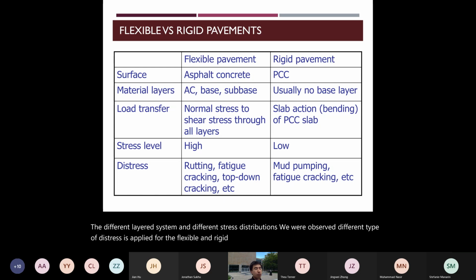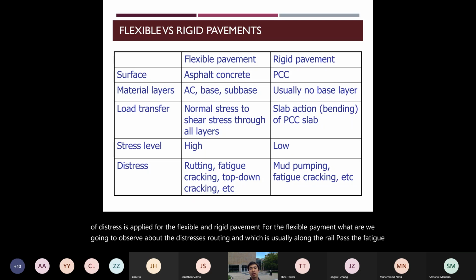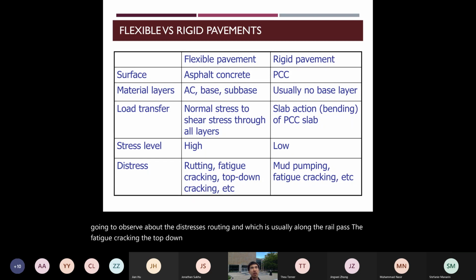For the flexible pavement, the distresses we observe are rutting, which is usually along the wheel path, fatigue cracking, and top-down cracking. In the first tutorial session this week, we'll have some introduction to the different types of distresses for flexible and rigid pavement.